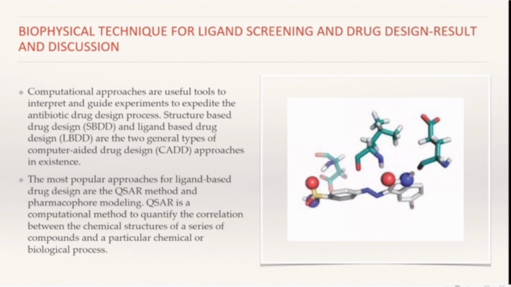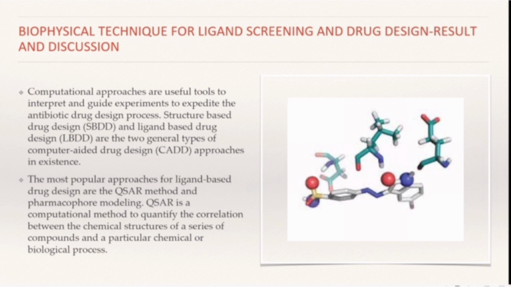Drug design software such as Insight II, Material Studio, and Accord Prime are used for structure-based drug design, and software such as Glide, Macromodel, and AutoDock are used for ligand-based drug design. The most popular approaches for ligand-based drug design are the QSAR method and pharmacophore modeling.